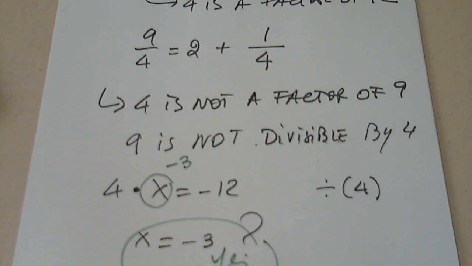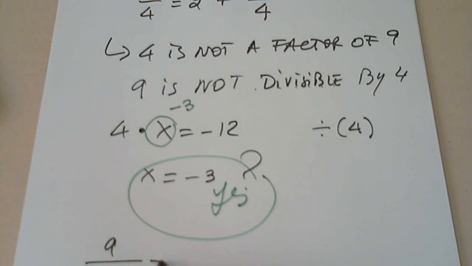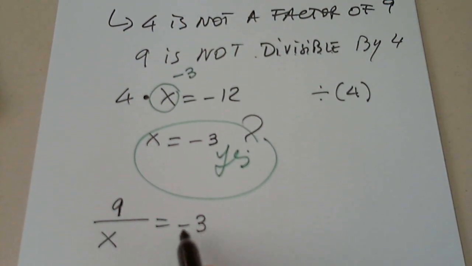Okay, let's choose one from here, please. C. Okay, perfect. So we want 9 divided by x equals -3. I know what this is. How do we call this?